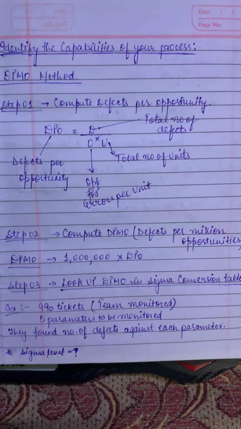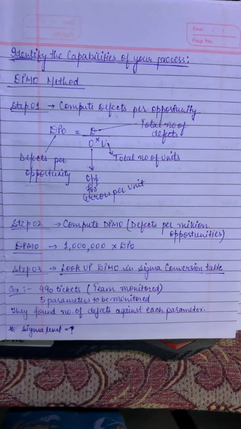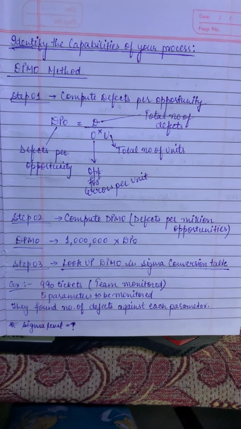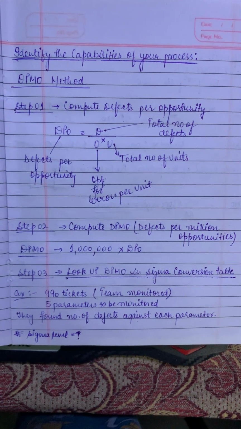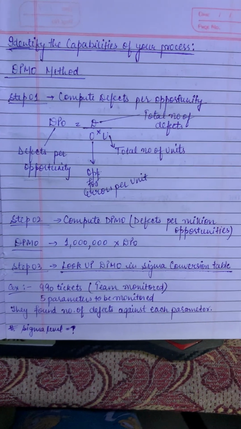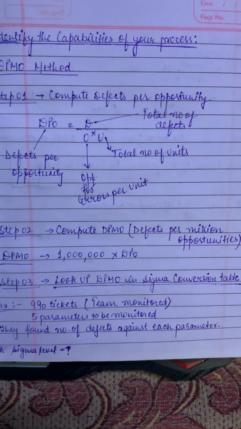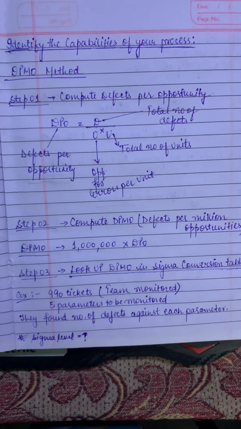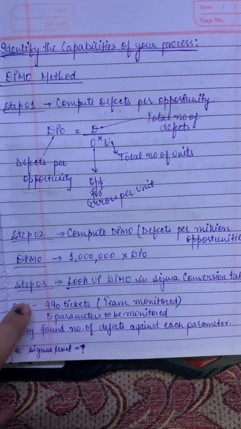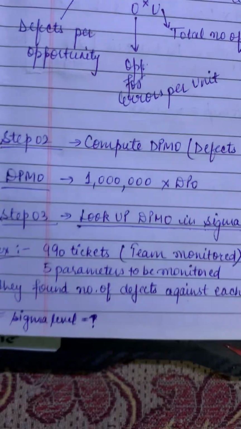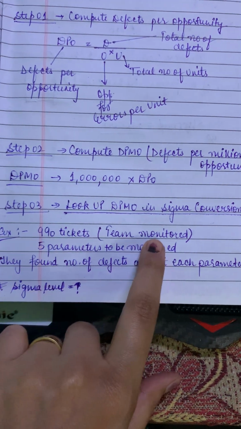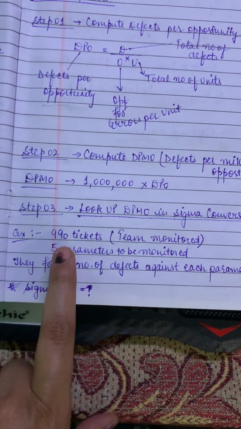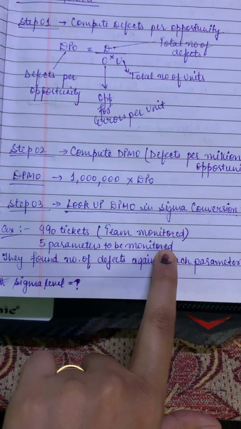So we actually have a sigma conversion table. If you search for it, you will find it on Google itself. Suppose we get a number, it comes under some value in the table. Let's take this example. The example is 990 tickets monitored, 5 parameters to be monitored.